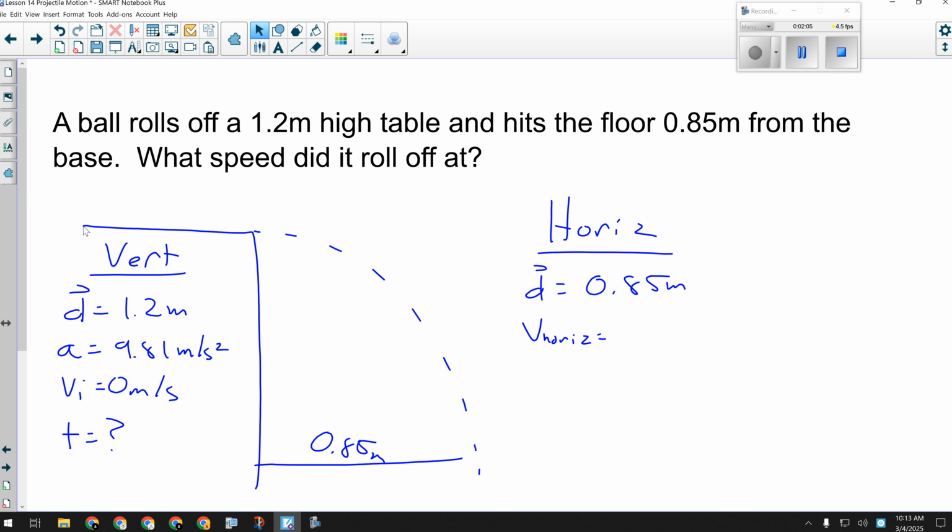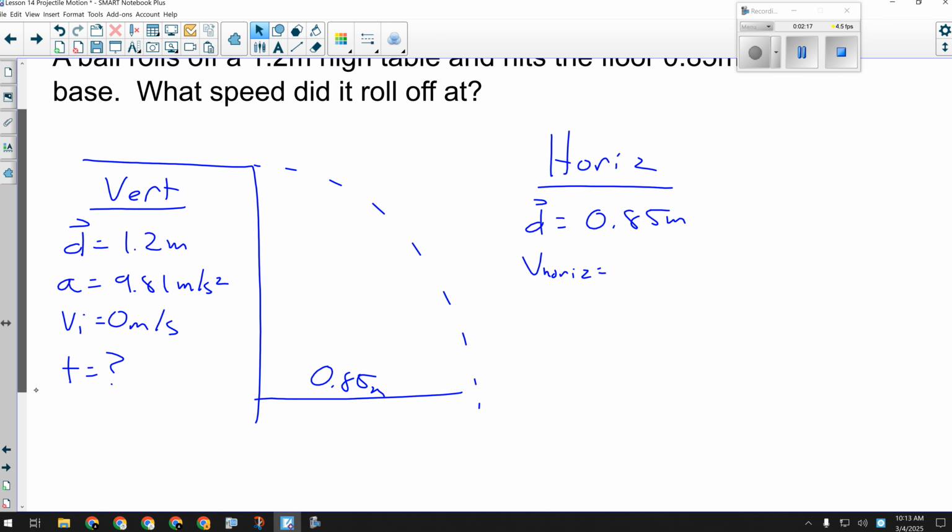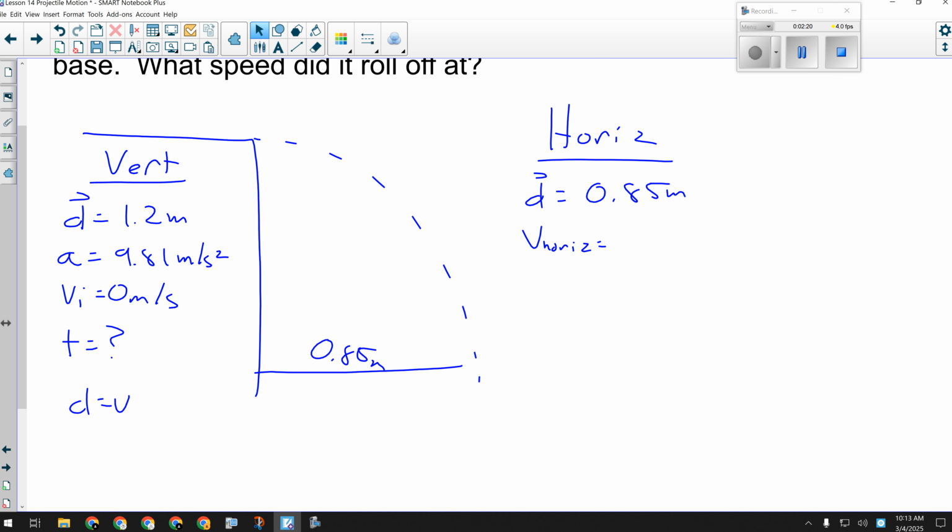Have we had to find the time in every projectile question we've done so far? Because it's the one thing that can go on both sides, right? It's the one thing the horizontal and vertical parts share. Okay, so we are going to be looking at d equals vi times t plus 1/2 at squared. Okay, we want to get rid of this.